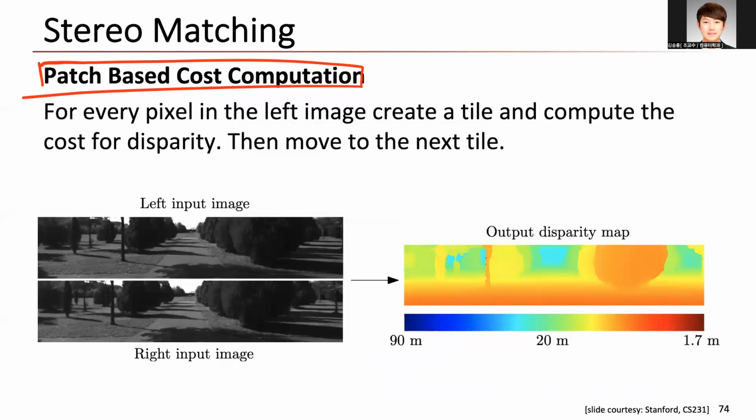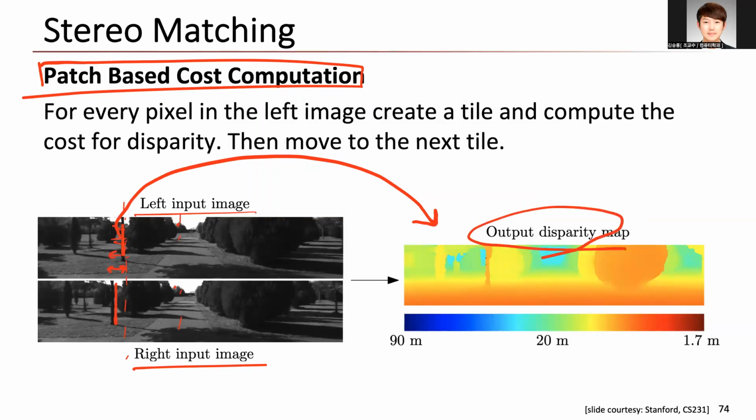So this is the left image and this is the right image, and this pixel moves to here. But this pixel is almost the same. So how much it moves is related to the depth information. So this is the disparity map. So this is the translation in the x-axis.